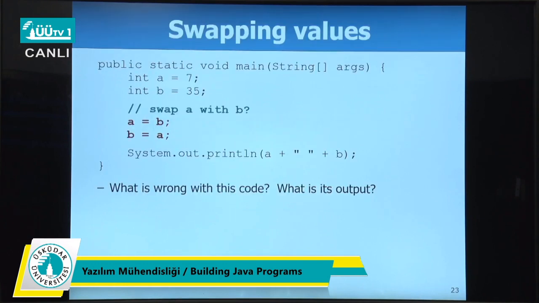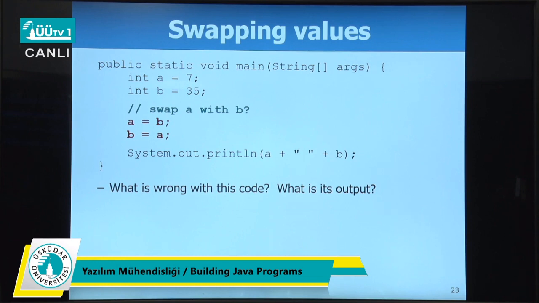So the next thing we're going to see is how to pass arrays as parameters to methods. The first thing that I would like to show you is how to swap values. This is not relevant to passing arrays, but we're going to use this. That's why I'm showing this piece of code to you. So if I want to swap 2 values, I have 2 variables, A is equal to 7, B is equal to 35.